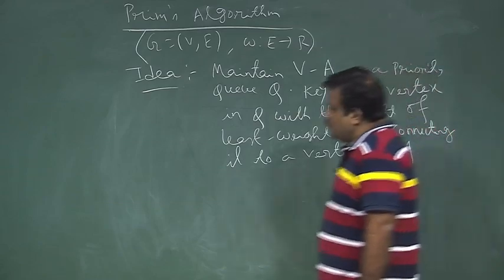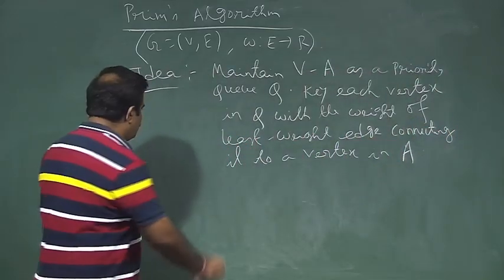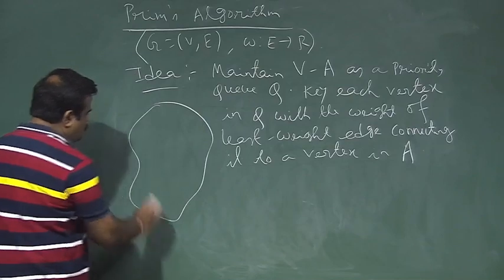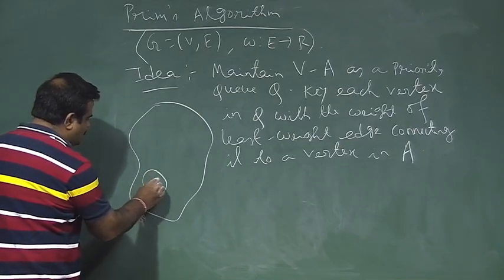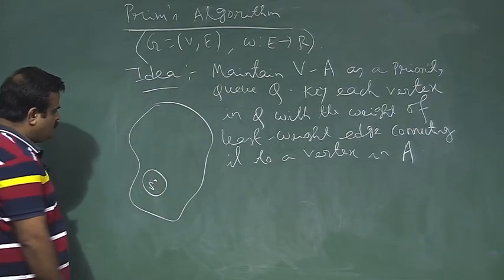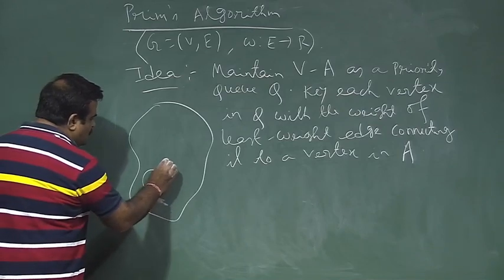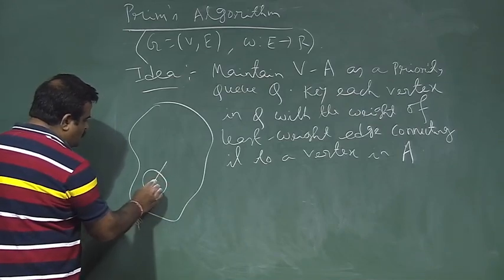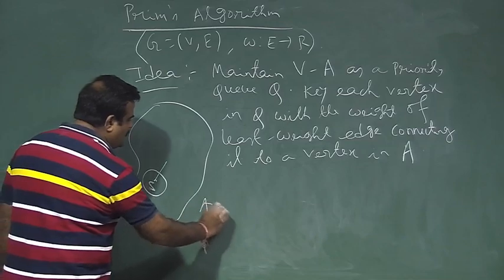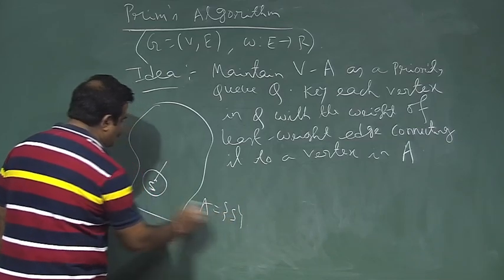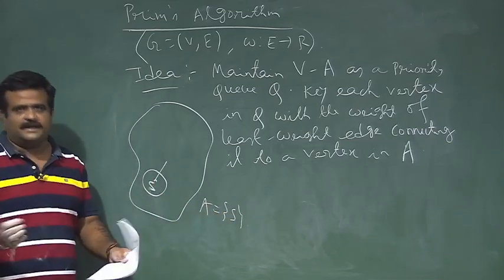So, basically what do we do? We have a graph, and we start with a vertex S. A initially contains S. That is the starting vertex, and it could be any vertex.